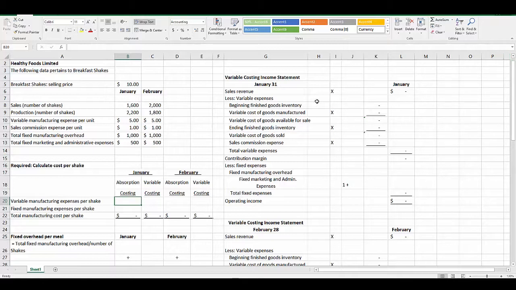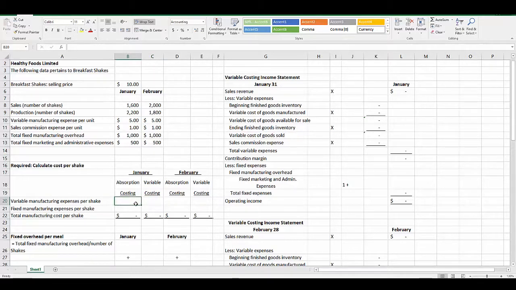You're given certain basic information here about the company, the selling price, the number of units sold, number of units made, etc. What we are looking at here is identifying the basic difference between absorption and variable, and it's pretty straightforward. As the name would imply, variable costing includes only the variable manufacturing costs, whereas under absorption costing you include both the variable and the fixed manufacturing costs.